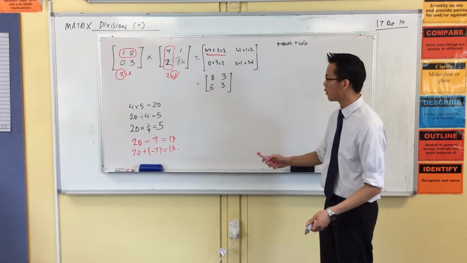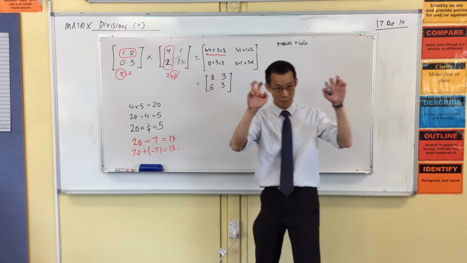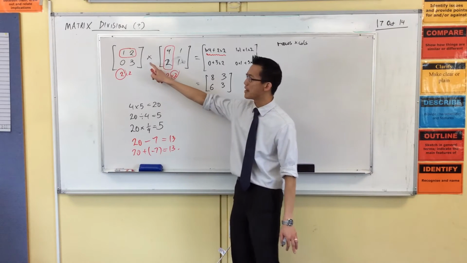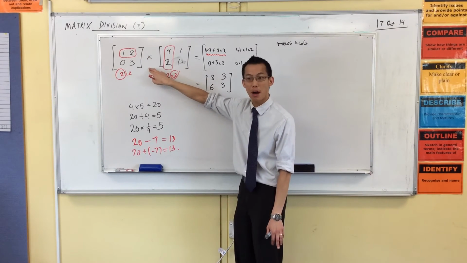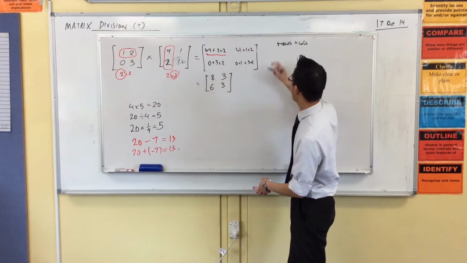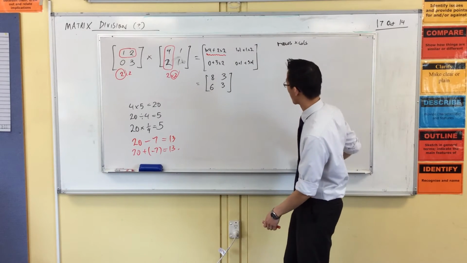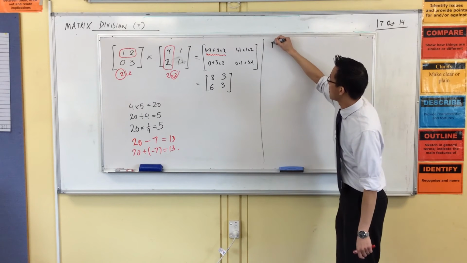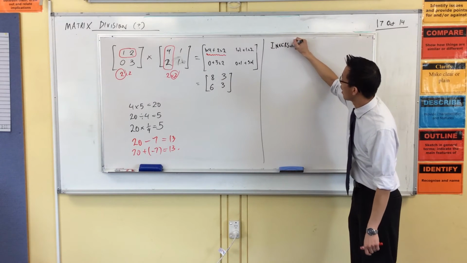So therefore, we want to do something like matrix division. What we should really have is matrix multiplication, but multiplying by, and here's our subheading for today, the inverse of a matrix.